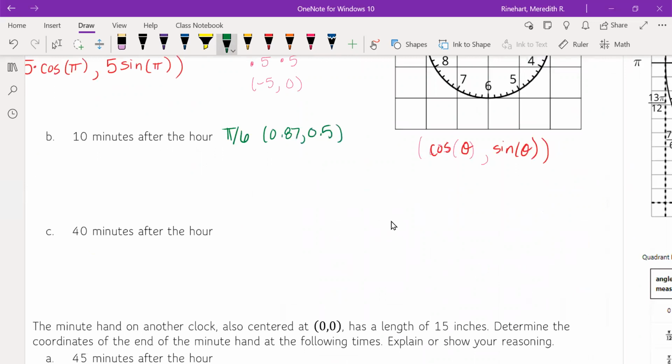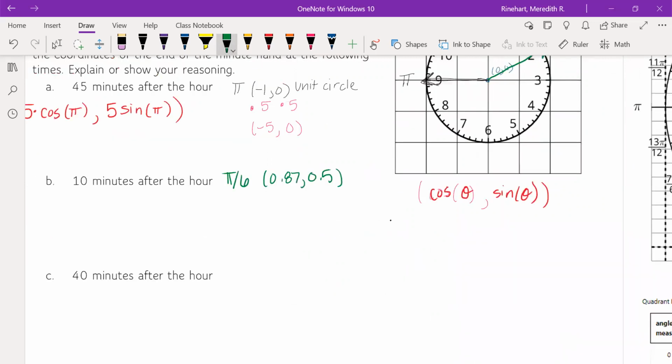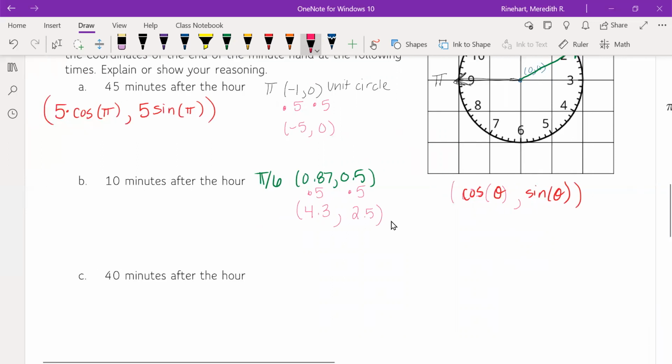Again, we need to scale this up by 5. 0.87 times 5 is about 4.3. 0.5 times 5 is 2.5. You could also write this using sine and cosine.